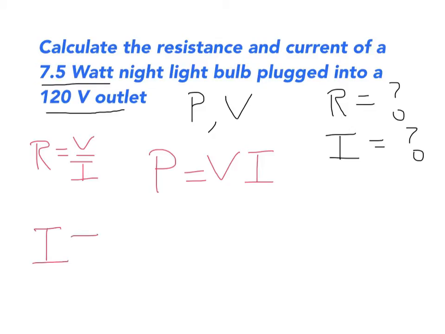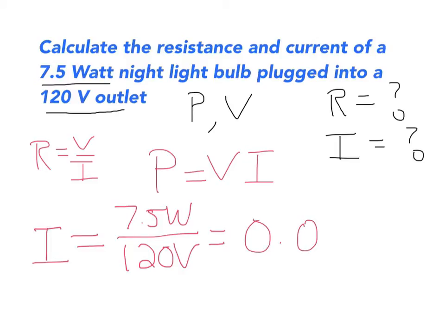So current will equal 7.5 watts divided by 120 volts. So that's going to be 0.063 amps.